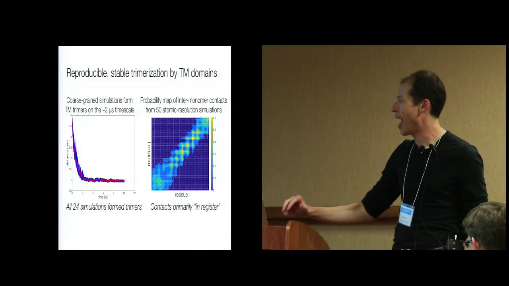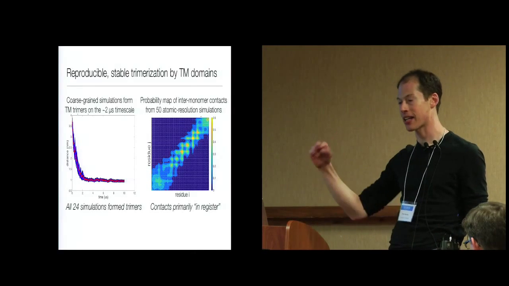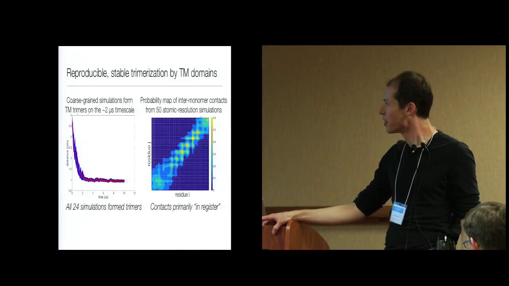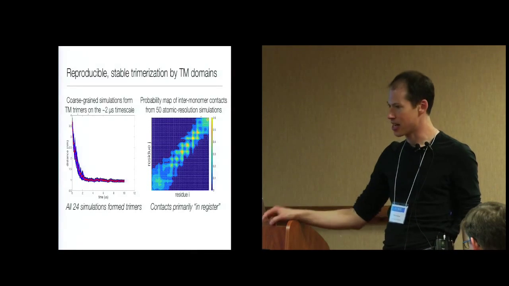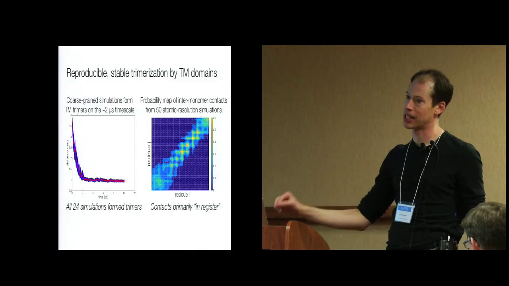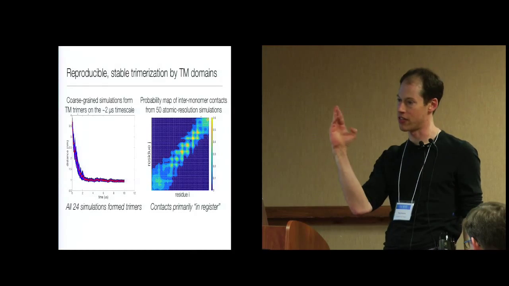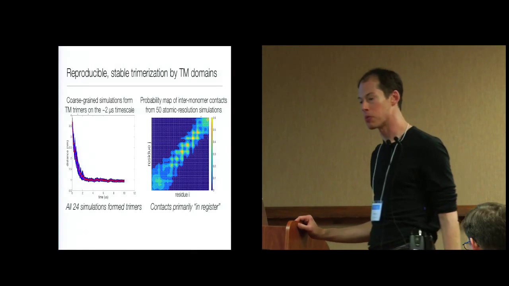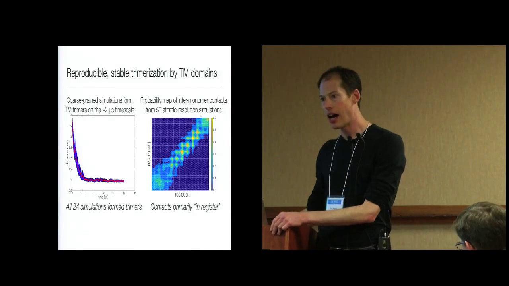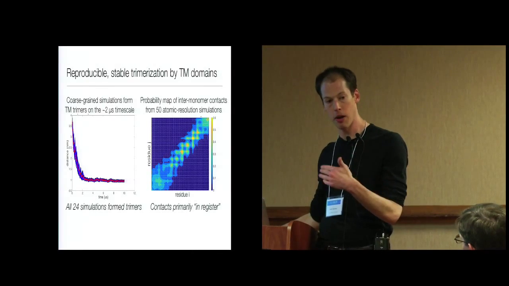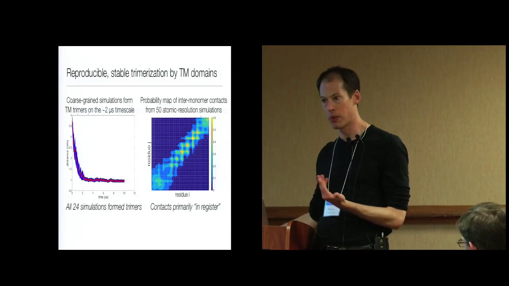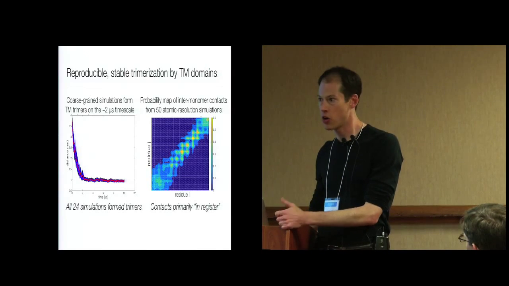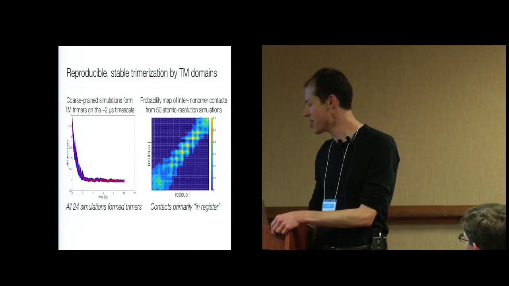We can look at the intermonomer contacts, and they show some plasticity, but seem to show a fairly common pattern of contacts, staying primarily in register. So this was interesting. There were some indirect experimental data in support of this, but no one really knew that we'd find this.